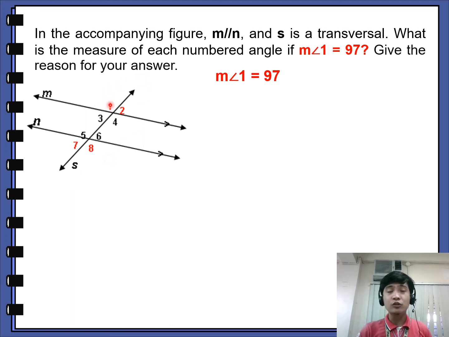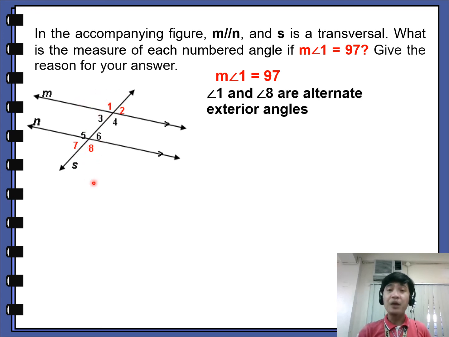I-relate natin siya dun sa mga angles na nasa kabila, at gamit yung mga angle relationships, properties ng mga angle relationships sa parallel lines na kinat ng transversal. So, kung i-relate natin si angle 1 kay angle 8, angle 1 and angle 8 are alternate exterior angles.